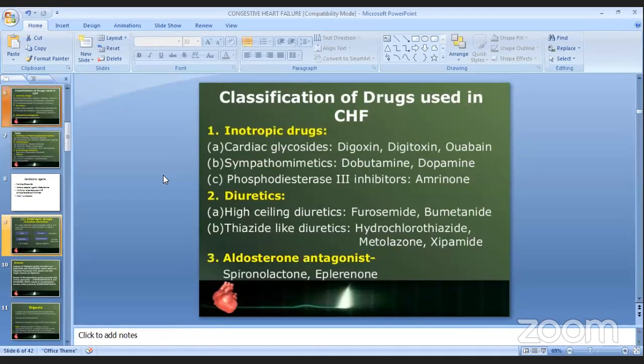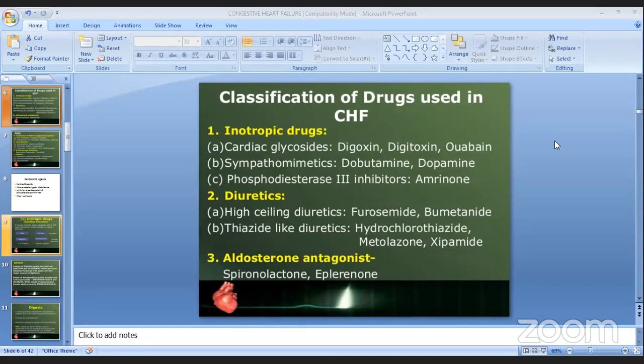When congestive heart failure is there, the first choice is the inotropic drugs, that is cardiac glycosides. It is basically from a herbal source. In your pharmacognosy class we have learned digitalis is the source: Digitalis purpurea and Digitalis lanata. These are the sources of cardiac glycosides.